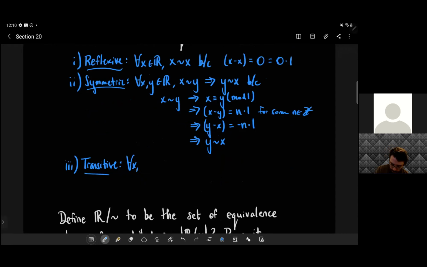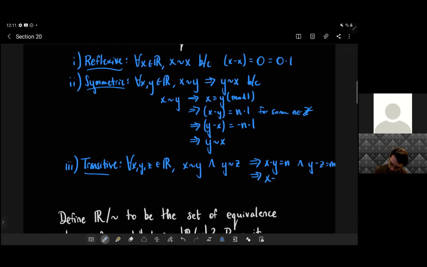So for all x, y, z in the reals, what do we get? Suppose x is related to y, and I'll use the and symbol, I suppose, y is related to z. What does that give us? Well, that's the same as saying x minus y is n, y minus z is m.